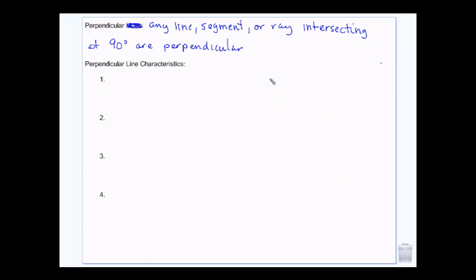So any line, segment, or ray that intersects at 90 degrees is perpendicular. The symbol for perpendicular is an upside down capital T. Now you never have to write the word again. Okay. Perpendicular lines intersect to form 4 right angles.